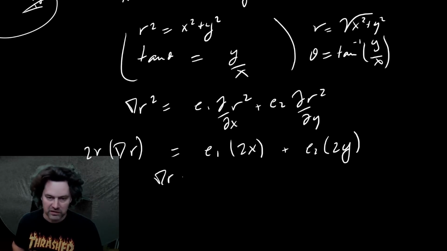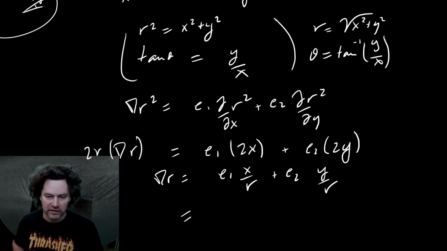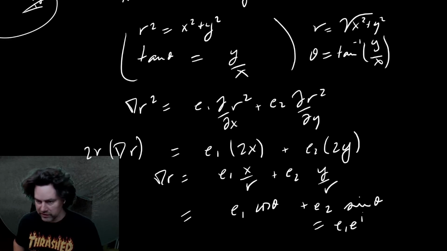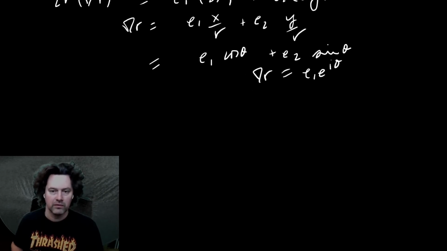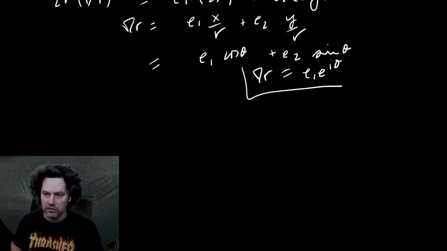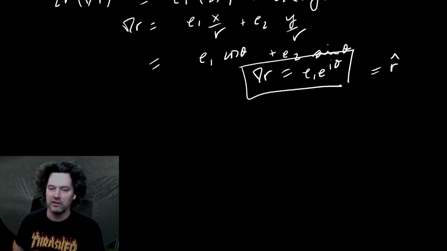So now we have grad r is e1 x over r plus e2 y over r, and x over r is cos theta, and y over r is sine theta. So we're left with e1 e^(i theta). So there's grad r.